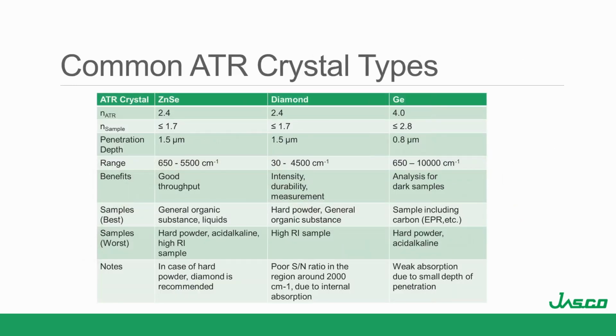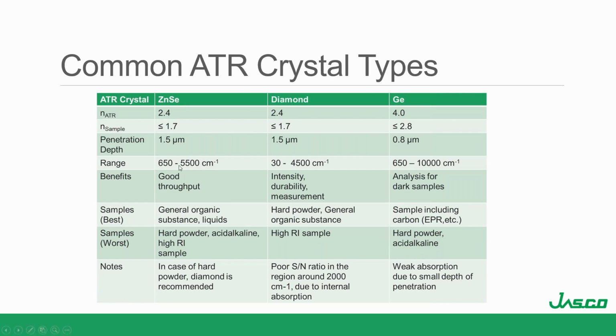So I mentioned that zinc selenide, diamond, and germanium are the most common. Refractive indices are about 2.5 for zinc selenide and diamond, and 4 for germanium. The penetration depth is a lot deeper for diamond and zinc selenide than germanium, which actually is an asset in some ways, and I'll get into that.